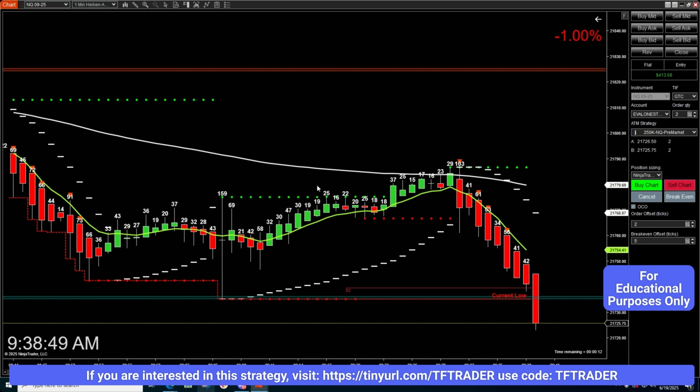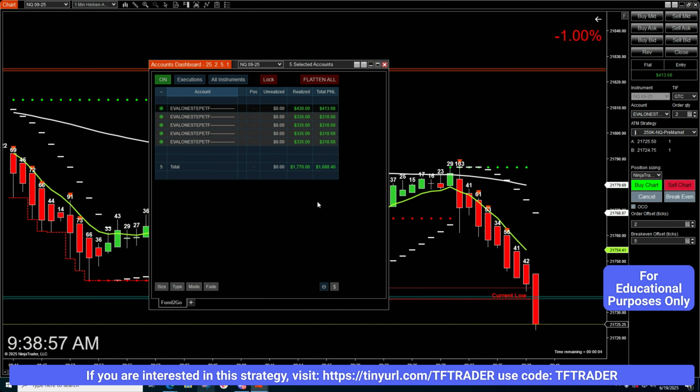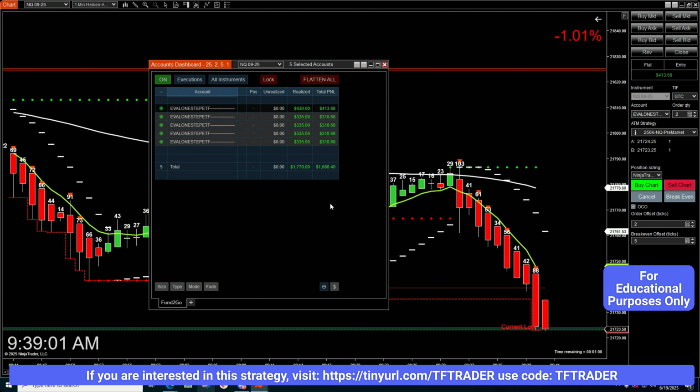Okay, so we took that break for an S3. So 1688.40 on a low volume day. So wanted to show you how Quant Alpha would work on a low volume day.